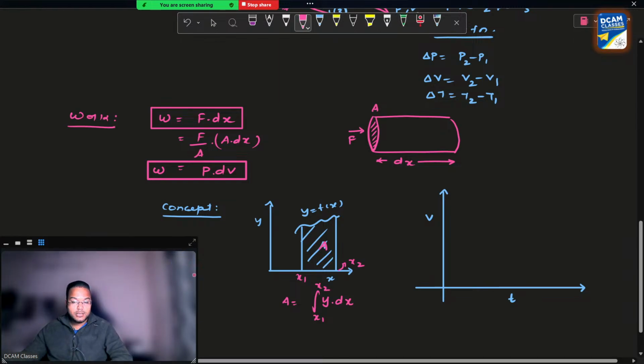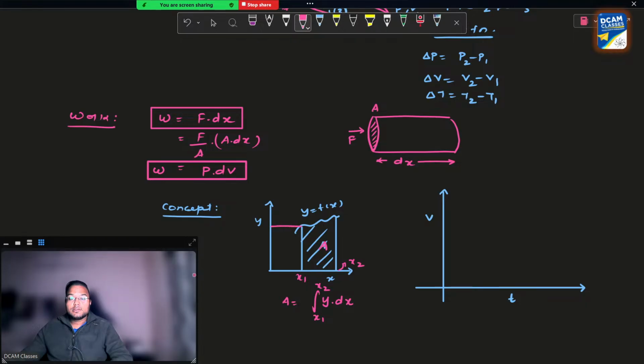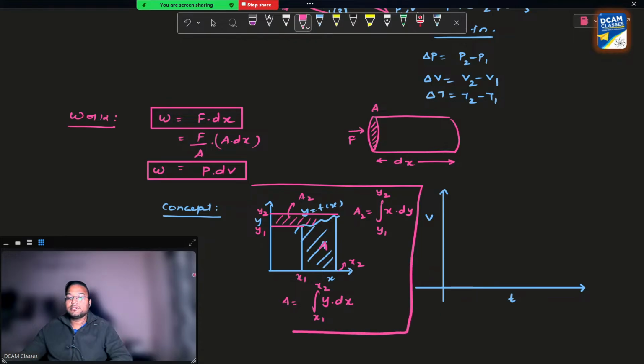That's the concept. One more concept is, if you take it along the y-axis, this area A2 is integral x dy. That concept you remember now? This concept you will be learning in class 12, which is area under the curve, that chapter. But since it is being used in your kinematics and all, I have already told you, I'm just trying to recollect for you.